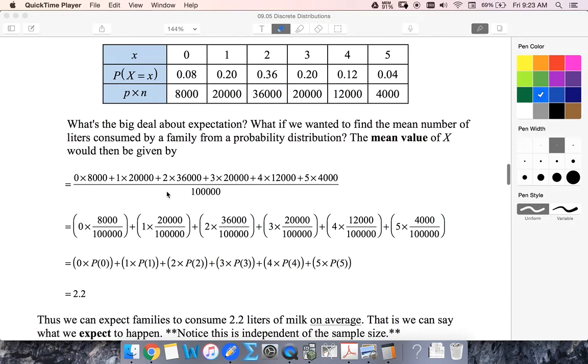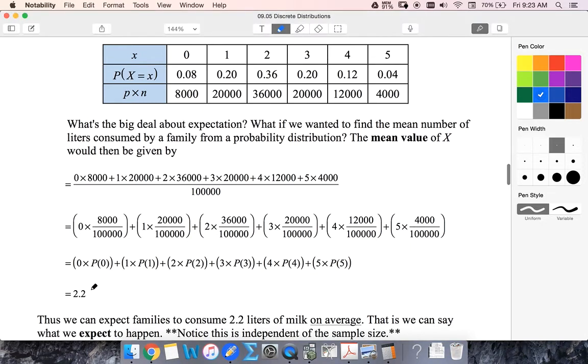If I separated these out though, I would have 0 times 8,000 over 100,000. 8,000 over 100,000 is just my 8%, that's my probability. So if I'm wanting to find the average overall for all my x values, I can take x, multiply it by the probability of x, and add all those things up to give me the average overall.